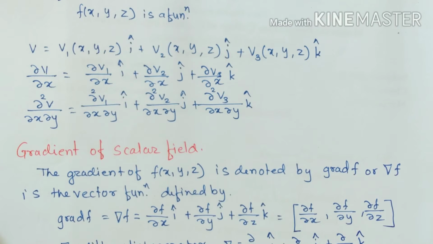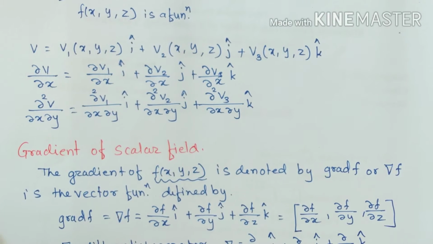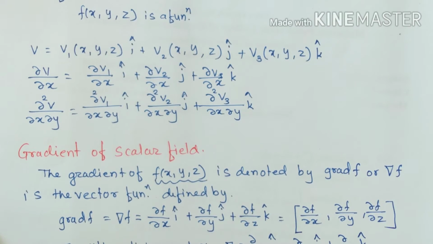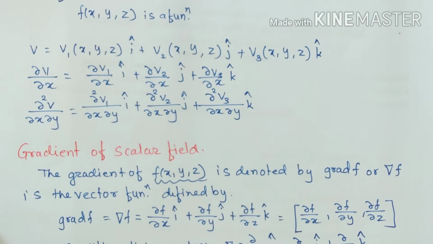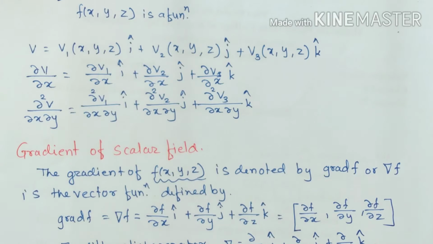Gradients are useful in several ways, notably in giving the rate of change of f(x,y,z) in any direction in space, in obtaining the surface normal vectors, and in deriving the vector fields from the scalar fields. So this is used in these many directions.